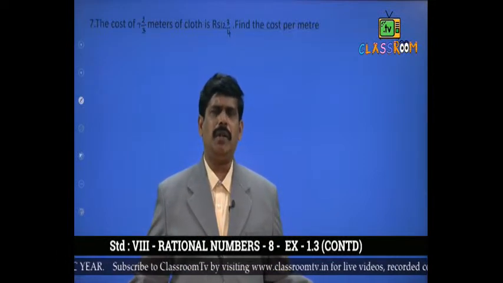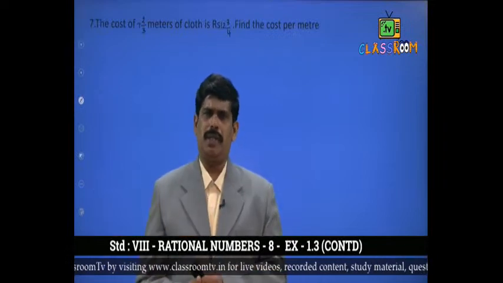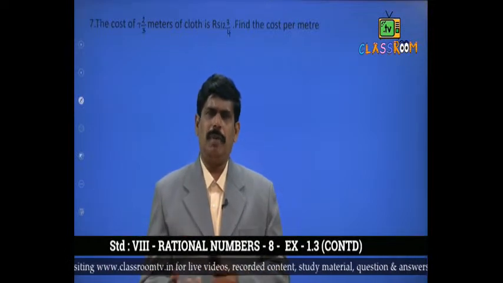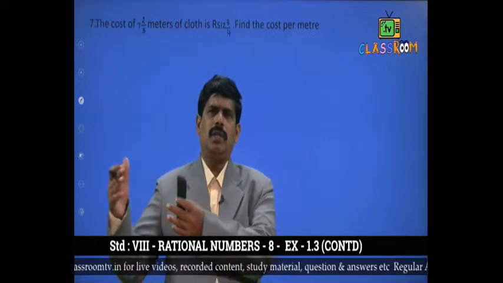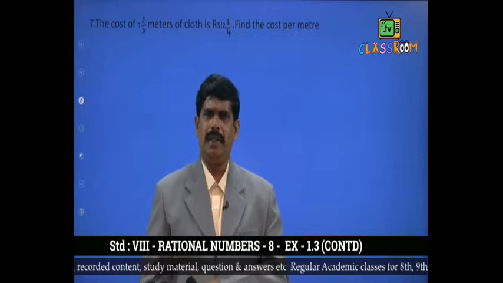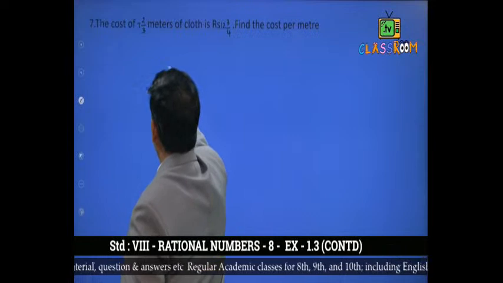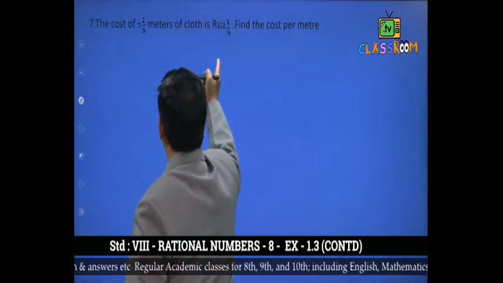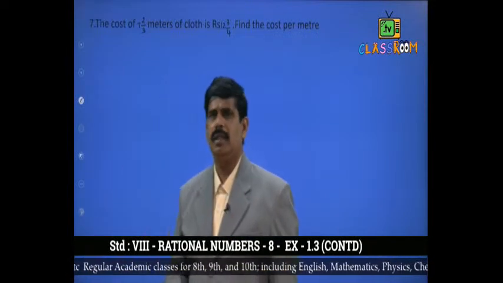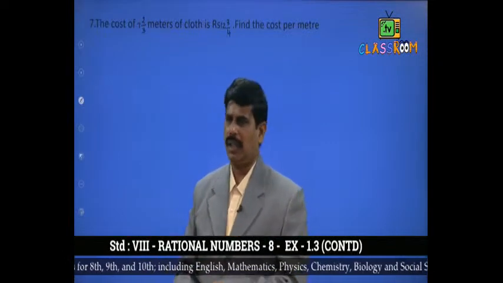What will be the cost of 1 pen? 5 pens cost 10 rupees. 1 pen cost how much? What do you do? Total price by the number of pens. 10 by 5. Here also the total cloth is 7 2 by 3 meters, cloth cost 12 3 by 4 rupees. What will be the cost of 1 meter? Just a division. Is it clear?